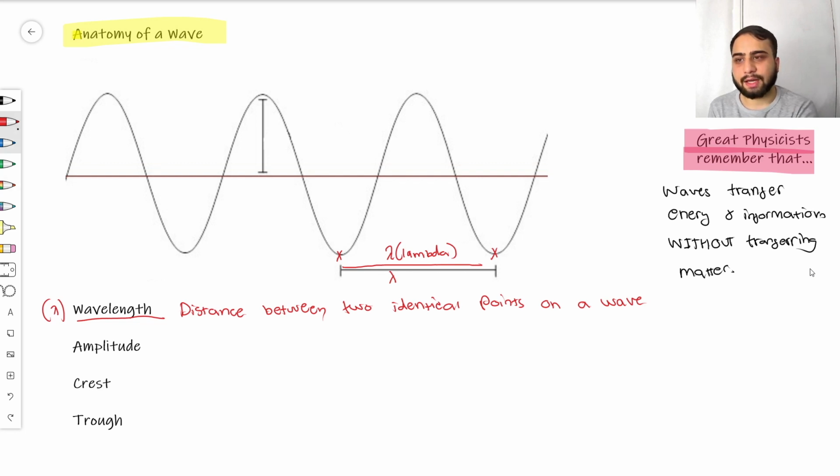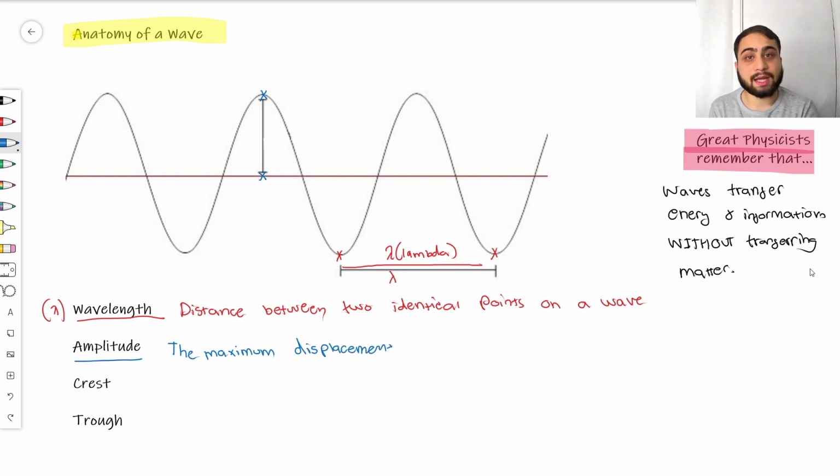Okay, so now let's have a look at amplitude. Now amplitude is the maximum displacement from the resting position of the wave, which is this red line here, the baseline you could say. So amplitude is the maximum displacement. Now you'll notice that I'm saying displacement rather than distance.